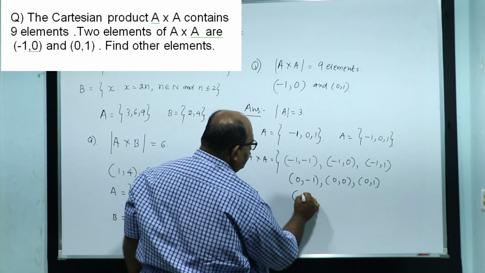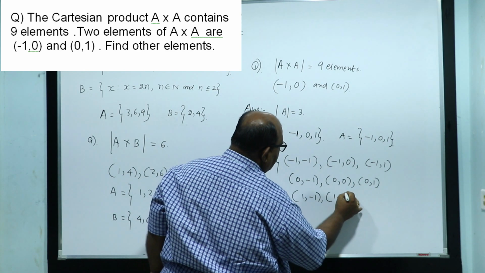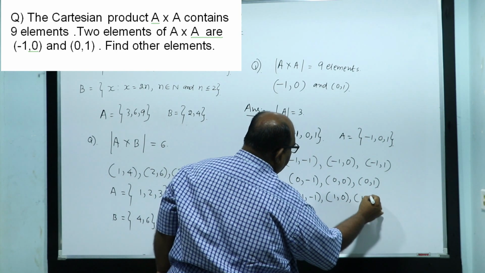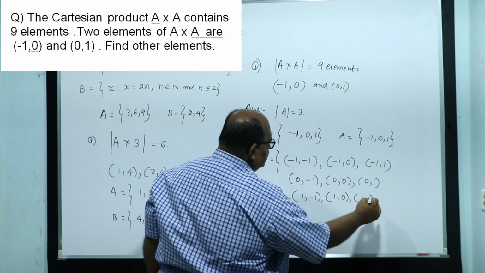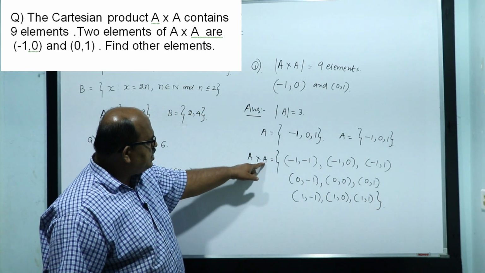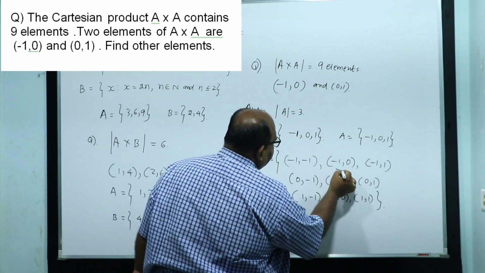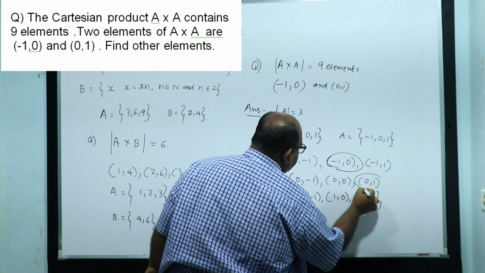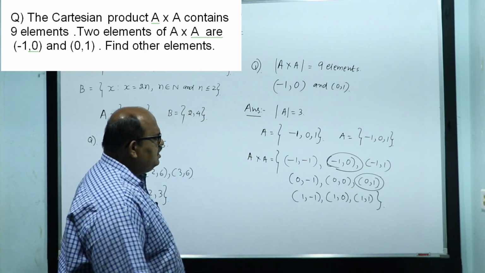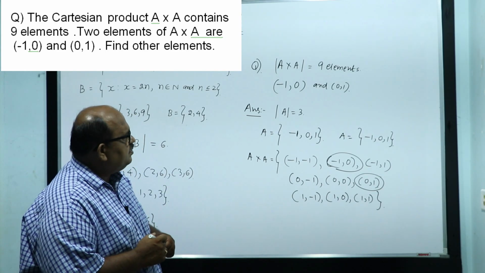Similarly, from 1, what will we get? (1, -1), (1, 0), (1, 1). Okay. So these are the 9 elements present in set A into A. These 2 are given: (-1, 0) is given and (0, 1) is given. So what is the answer? The answer is the rest 7 elements.